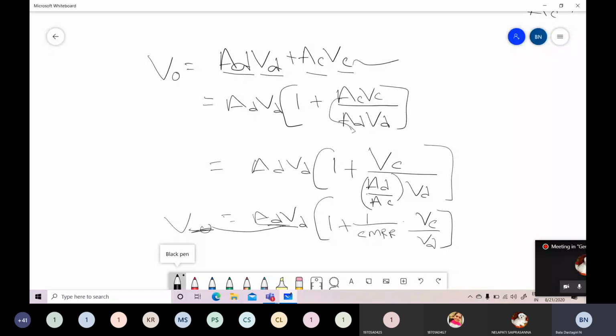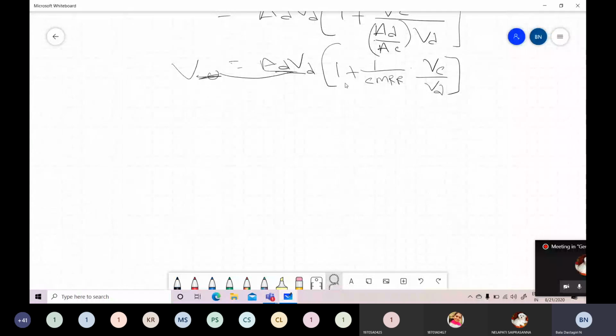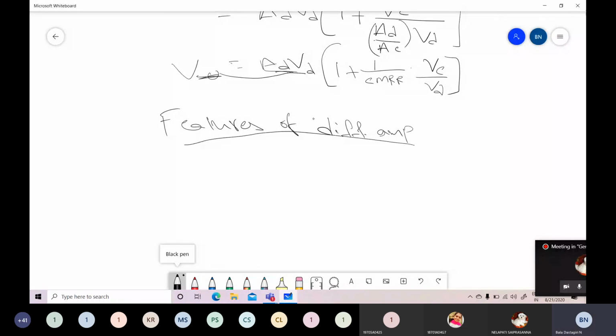Next, let us see the features of differential amplifiers. There are various features for the differential amplifier, so let us see them one by one. Sometimes I will denote it as diff amp, which is nothing but the differential amplifier.